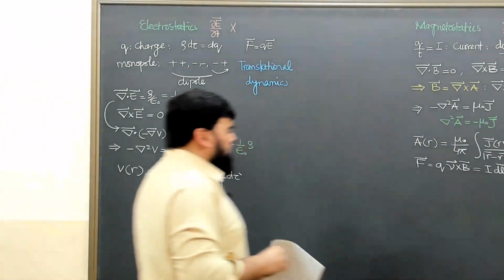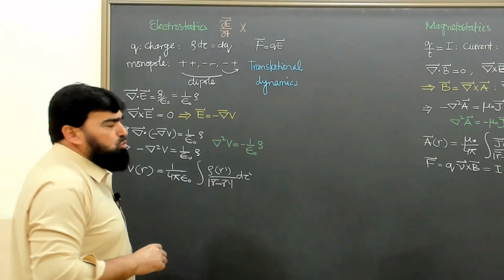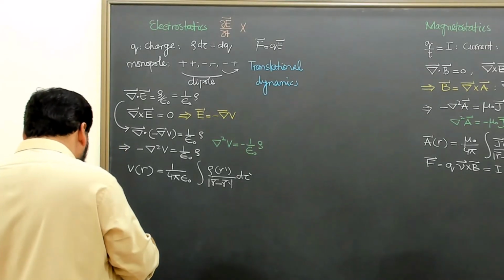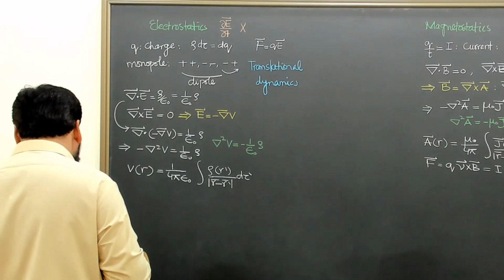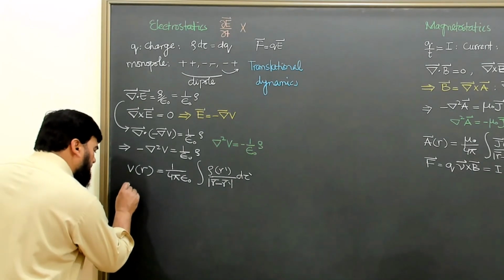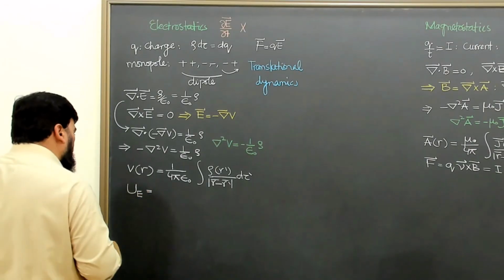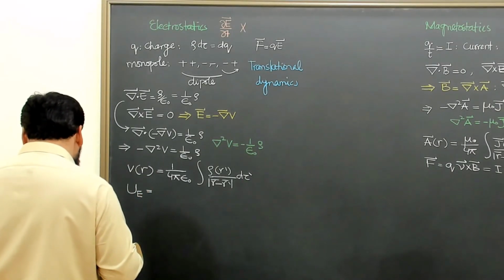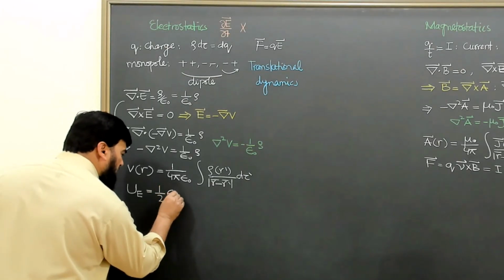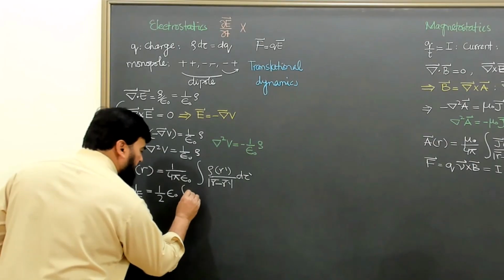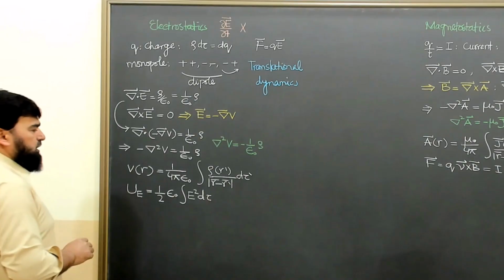In addition to this, we can discuss the energies in both systems, the electrostatic field and the magnetostatic field. The energy in the electric field, or electrostatic field, is equal to half epsilon naught times the integral of E square of the electric field d tau.